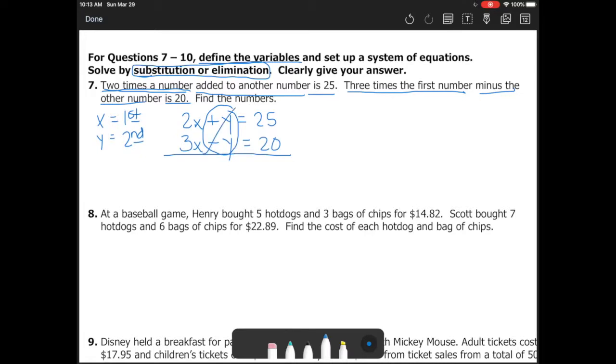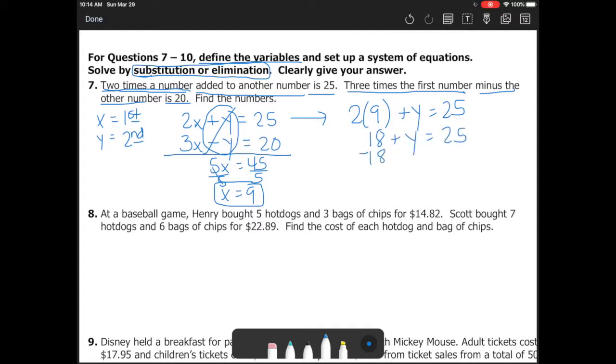2x plus 3x is 5x. 25 plus 20 is 45. And if we divide by 5 on both sides, x is equal to 9. That was easy peasy. Choose one of the original 2 problems to substitute 9 into. I'll just take the first one. So put a 9 for x. That makes 18.